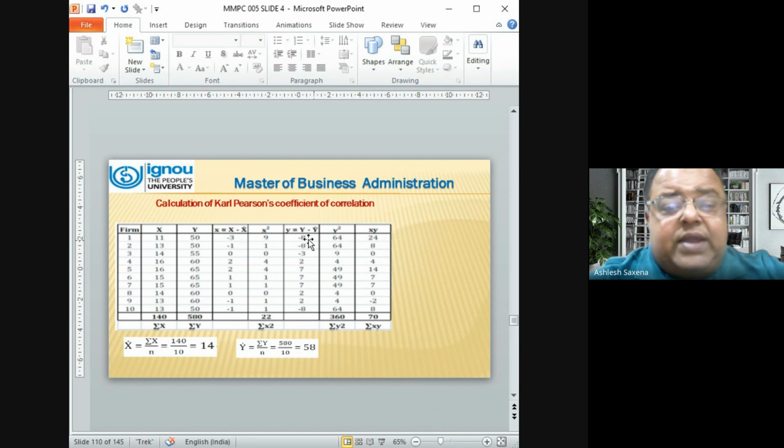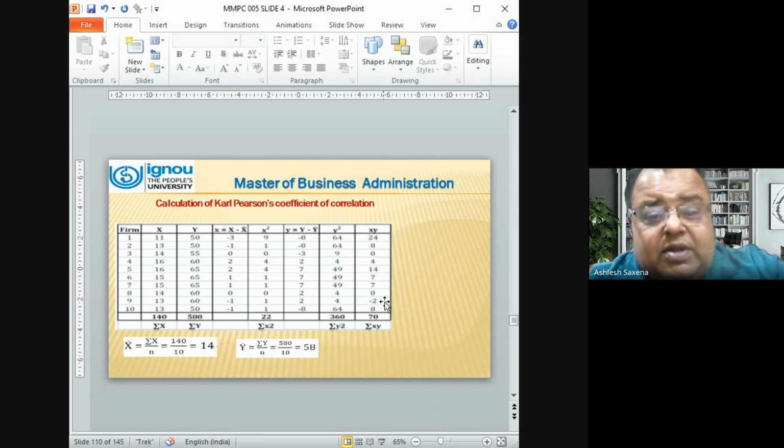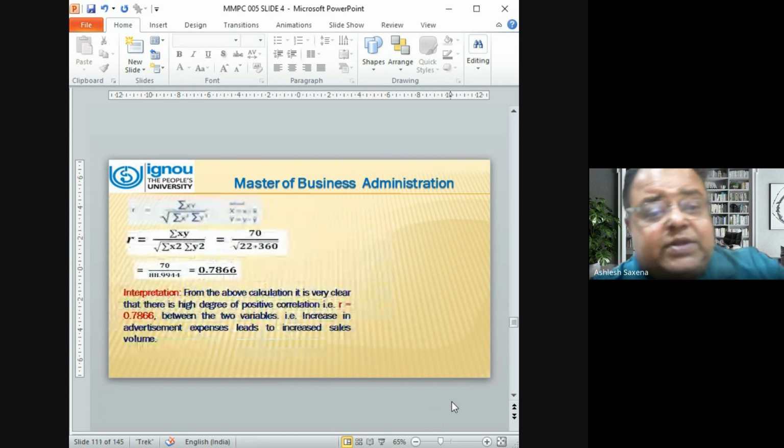Minus 3 and minus 8. Minus 3 into minus 8 will be 24. Then make this column. These two have been used. Now these columns have been generated. Now you have to remember that summation x square is 22, summation y square is 360, and summation xy is 70.